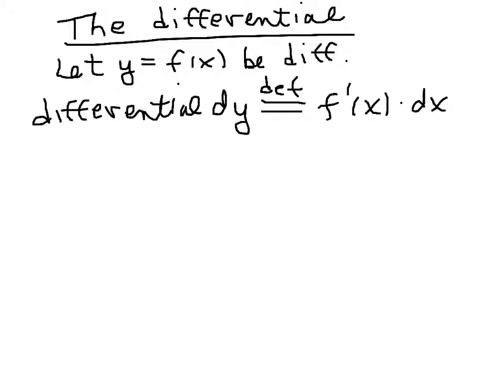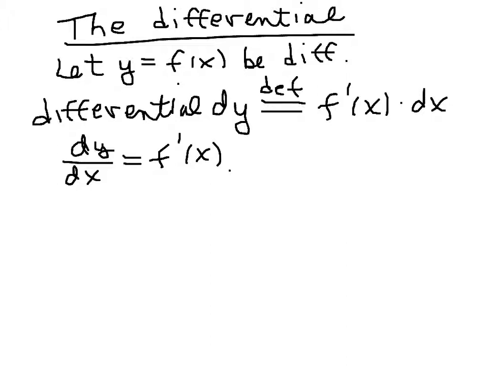I have found it's helpful here to think about dy and dx as being really small expressions for delta y and delta x. When you think of them as being really small, in fact delta x approaching 0, we get the equivalent expression that dy over dx is equal to f prime of x.